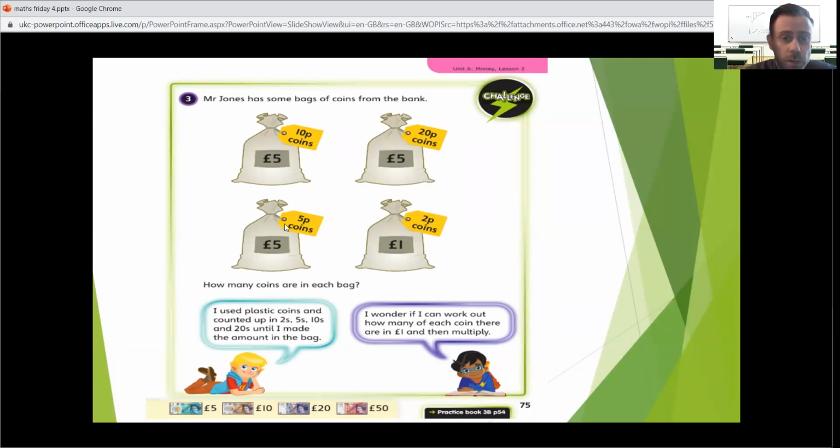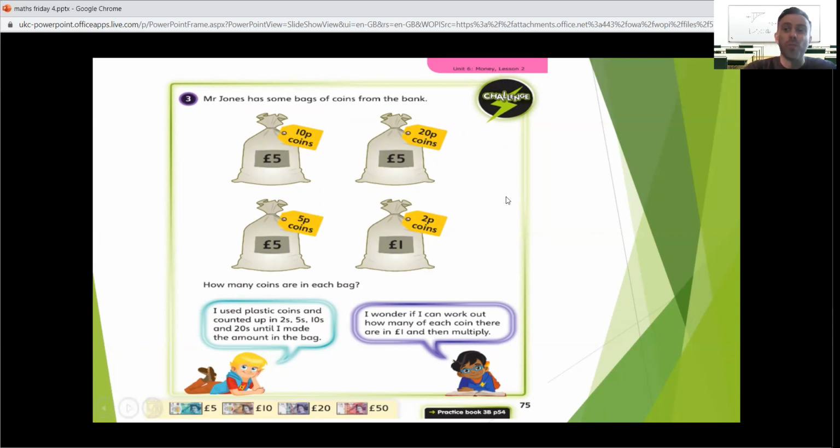Okay, what I would do for these 3, I would work out how many 10p coins are in £1 and then times it by 5. For this one, how many 20p's are in £1 and then times it by 5. And then this one, how many 5p coins are in £1 and then times it by 5.